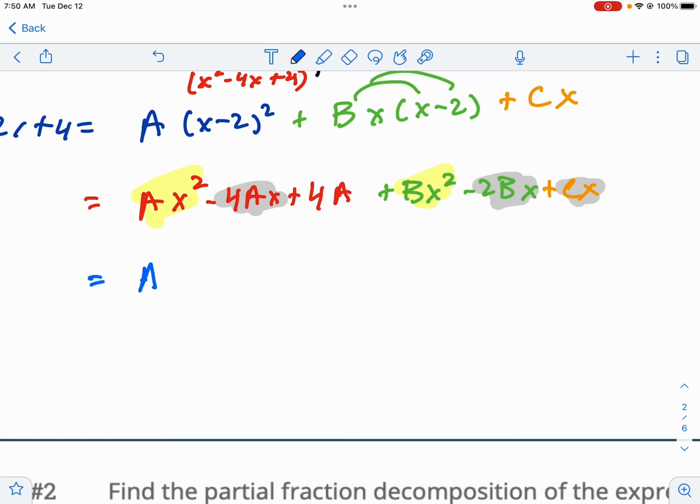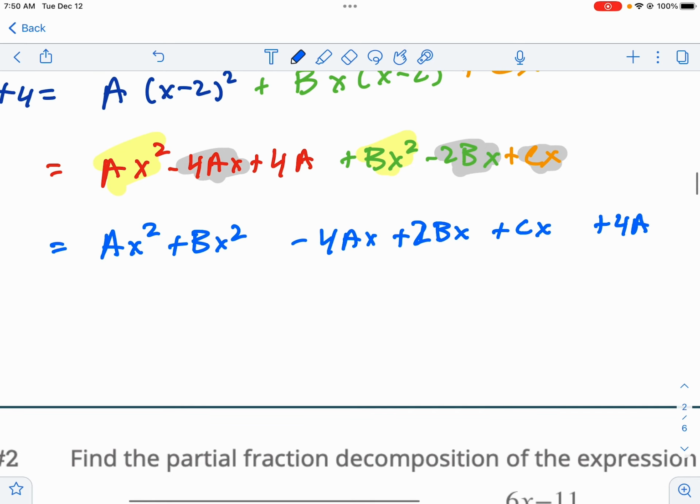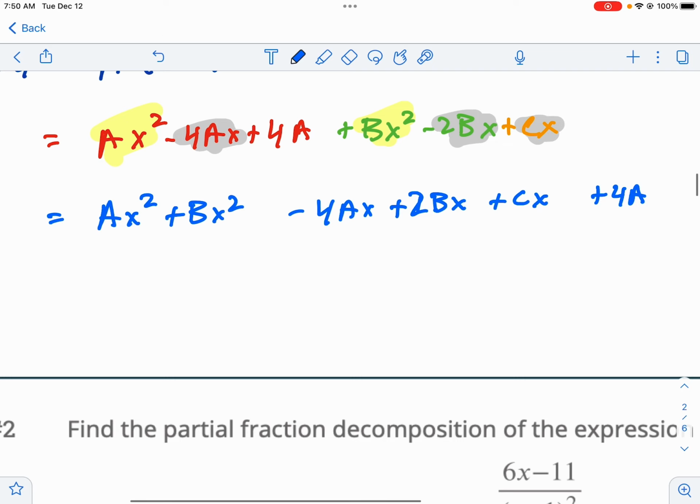So I have ax squared plus bx squared. And then I have minus 4ax plus 2bx plus cx. And then I have my 4a with no one to be paired with. And then I can factor our x squared here.